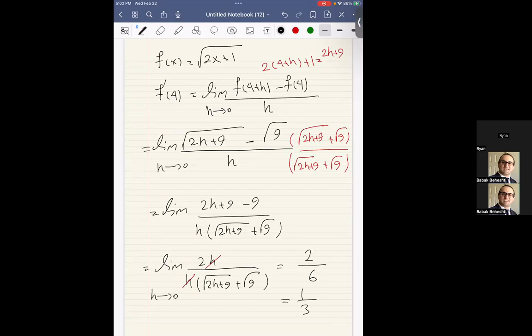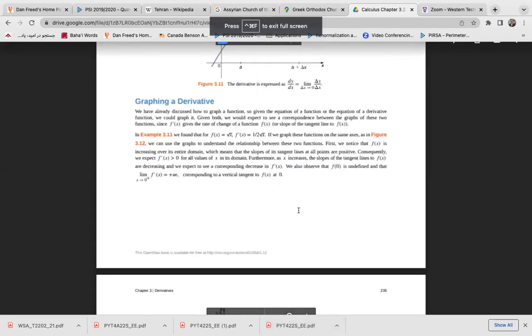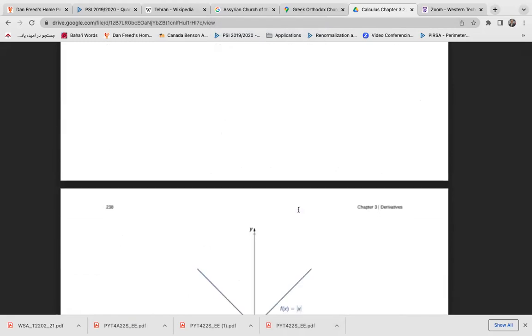Now let me go to the textbook. Do you see my computer, my screen?